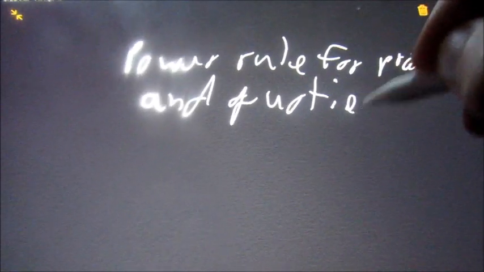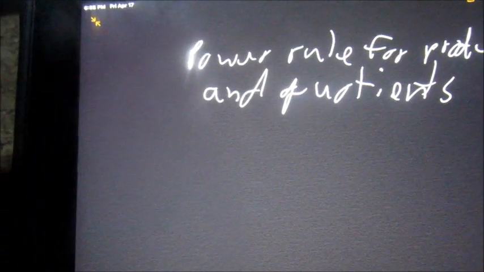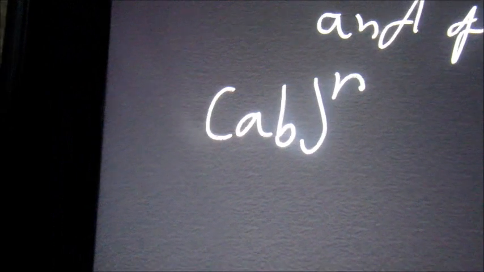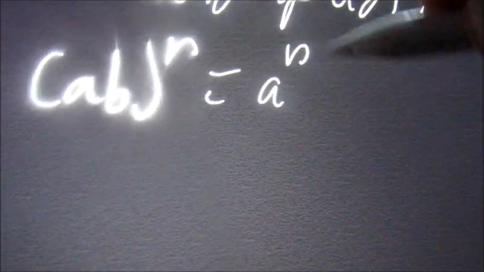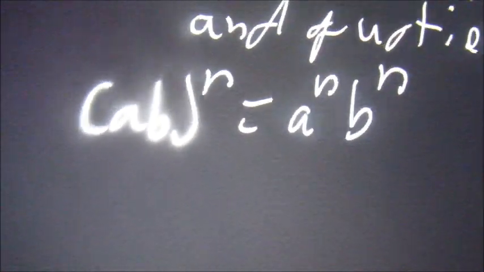Okay, let's look at power rules for products and quotients. Okay, so let's say that we have AB raised to the n. So A times B all raised to the n, that is going to equal A to the n times B to the n.